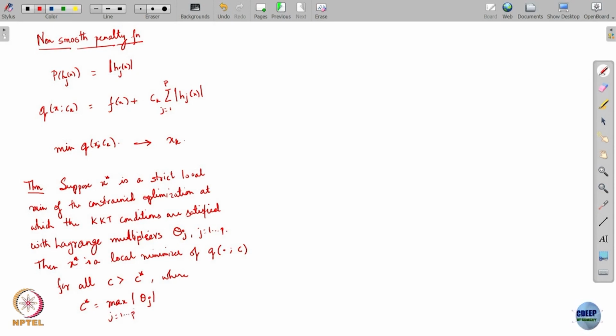Okay. So, x star turns out to be a local minimizer of this for all c greater than c star.